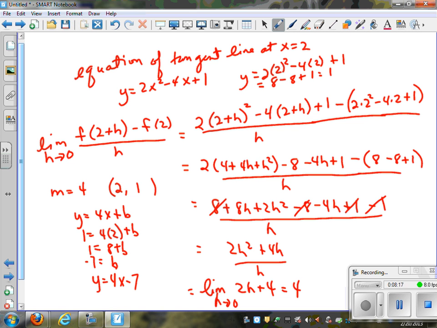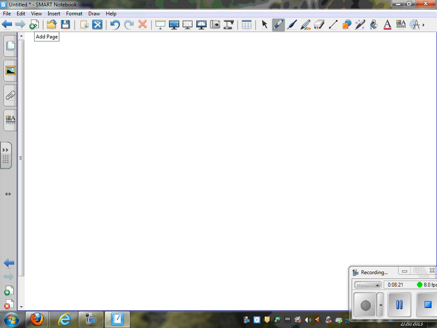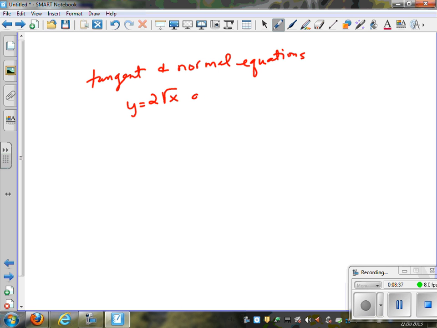Visualize this first. So let's say that I want the tangent and the normal equation for y equals 2 square root of x at x equals 9.